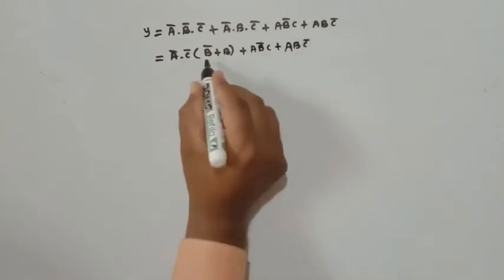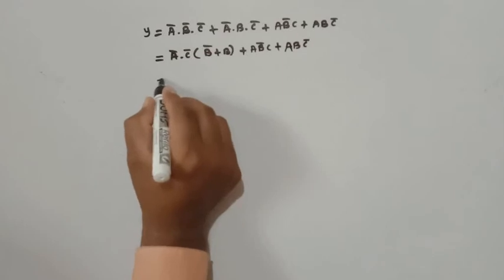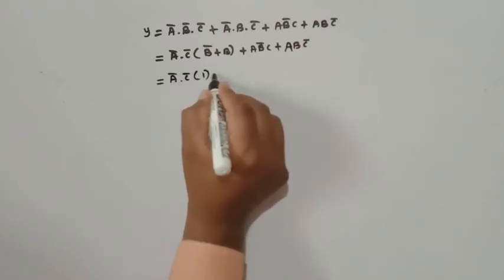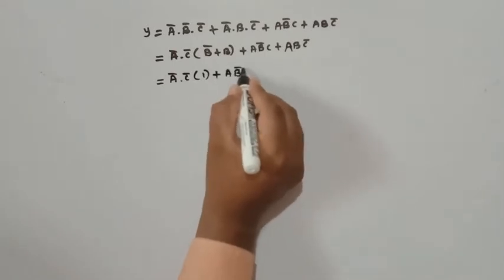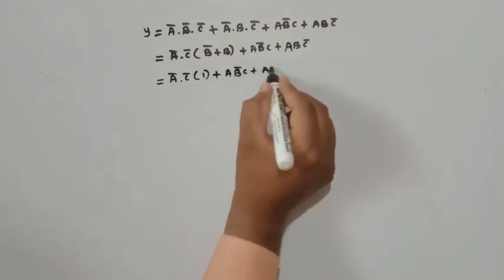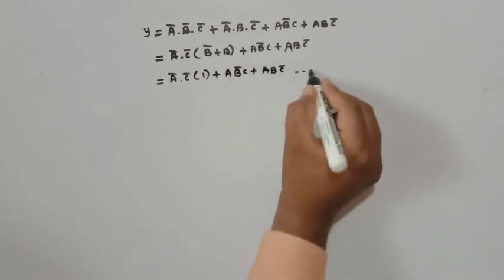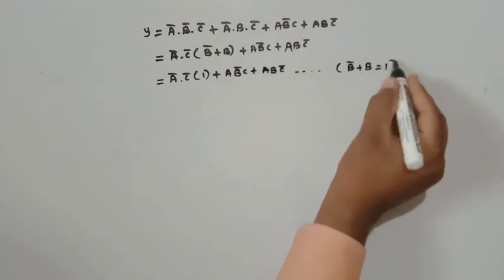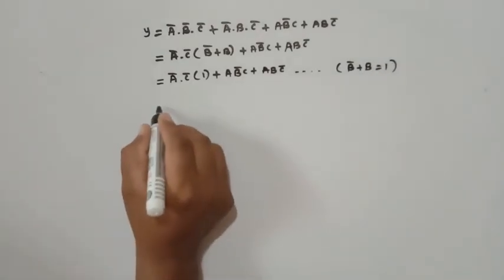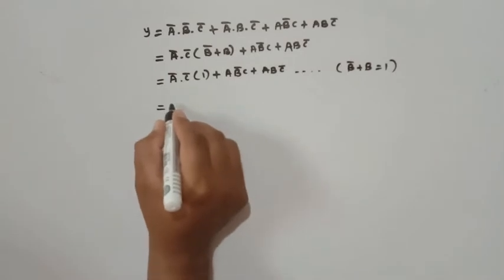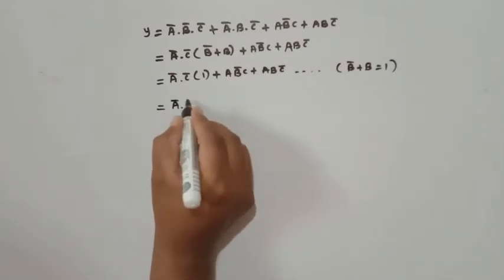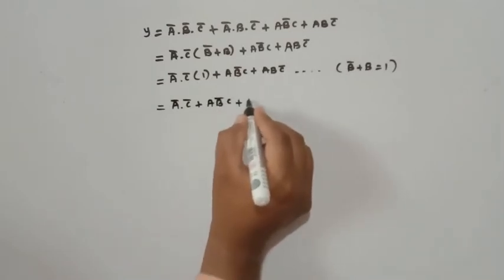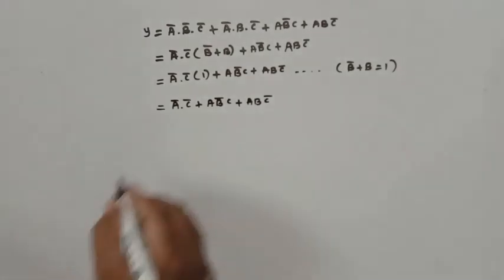So b bar + b becomes 1. We write a bar.c bar(1) + a b bar c + a b c bar. Here we mention that b bar + b = 1. Again we rewrite the equation: a bar.c bar + a b bar c + a b c bar.